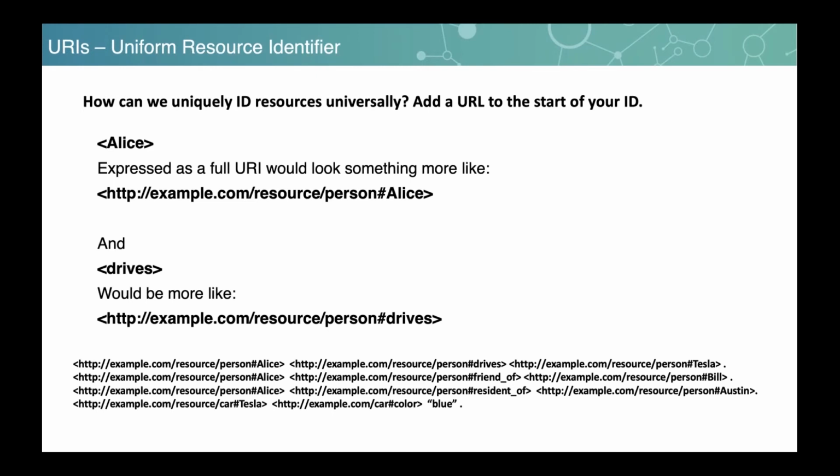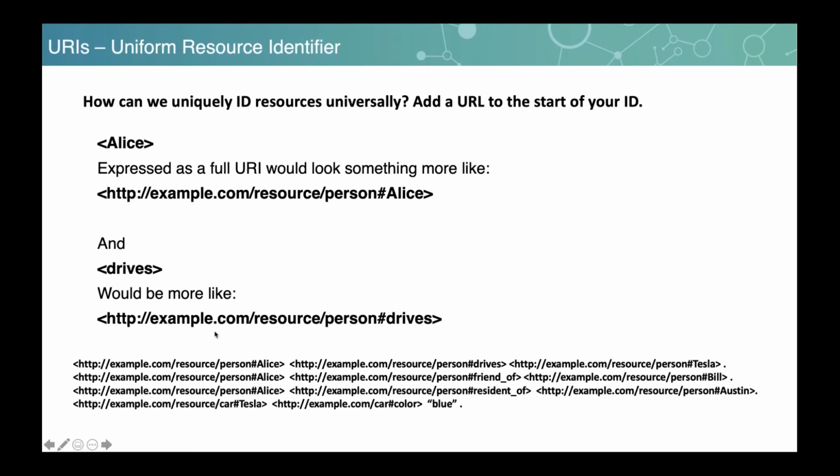So here we could put http://example.com/resource/person#Alice. Now, if I'm working for the company example.com, I can build this path however I want and put all the different resources underneath this path, and it should never collide with anybody else out there on the web because it's under my domain name. And so this is one of the ways that we create universal identifiers, okay?